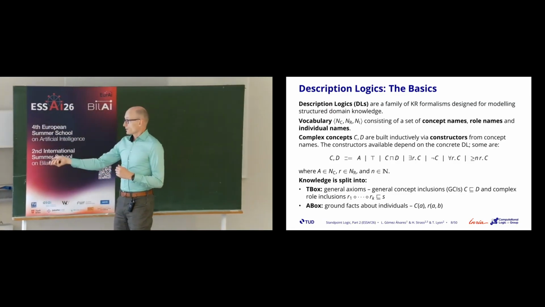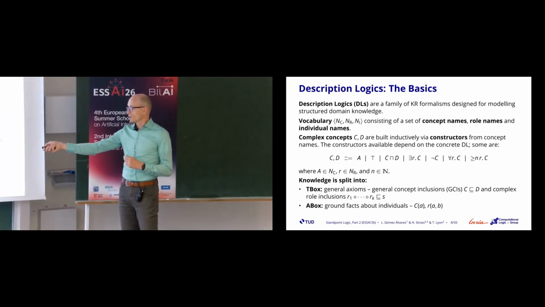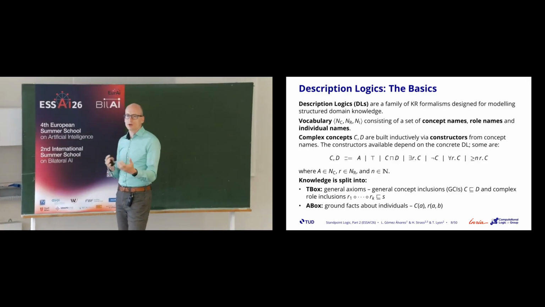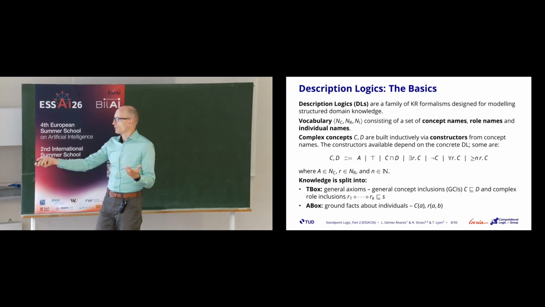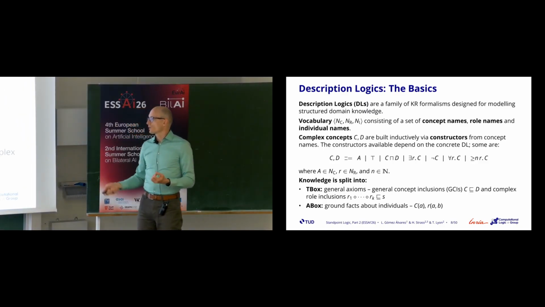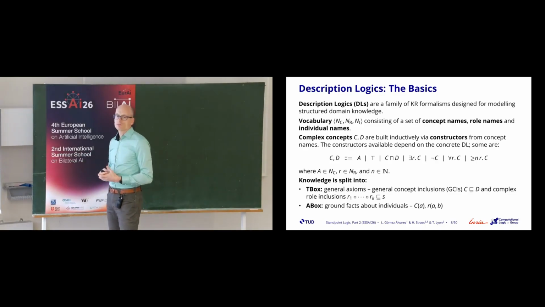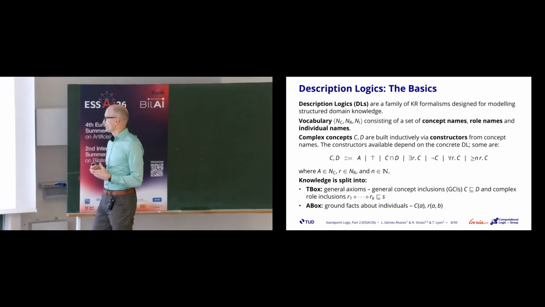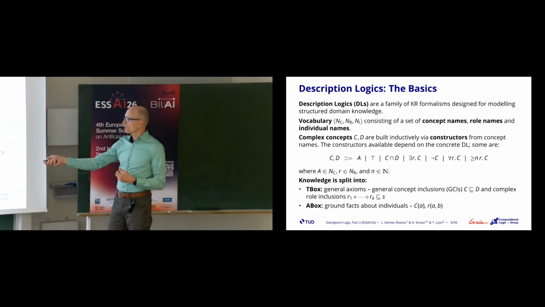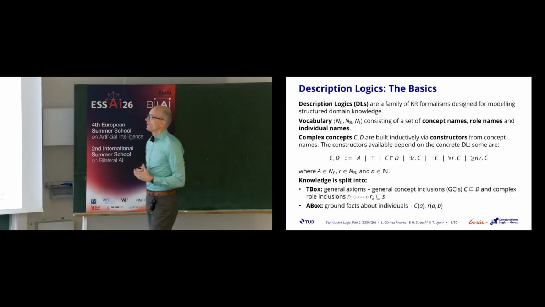There are also complex role inclusions where you can build role chains on the left. These roles are binary relations, and you can chain them, and then you get a new binary relation. Here you can say, if two things are related in this chain, then they must also be related in S. There are also simpler role inclusions where you only are allowed to write one role name on the left and one on the right.